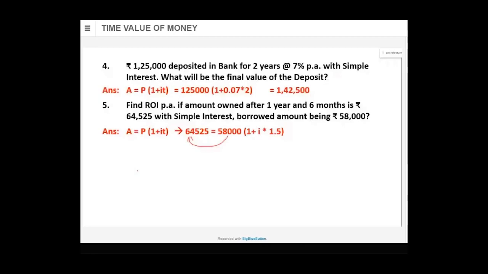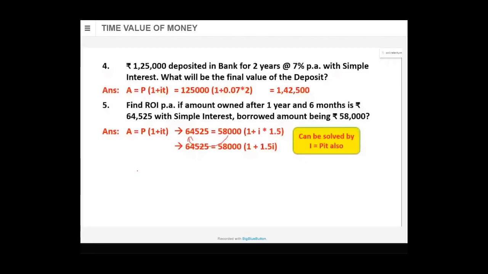I'll come to that interest method also. 64,525 divided by 58,000 is equal to 1 plus I into 1.5. Here I've said it can be solved by I is equal to PIT also.